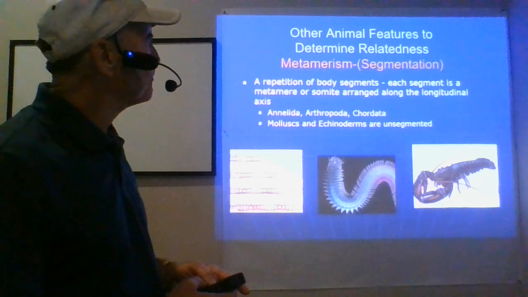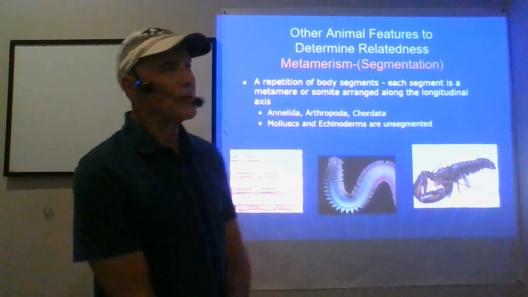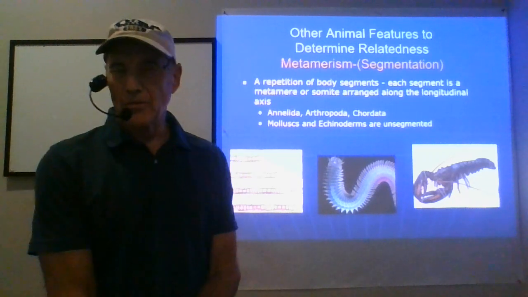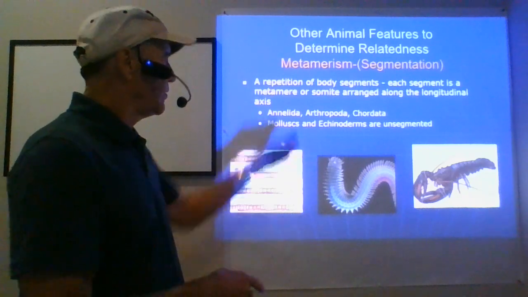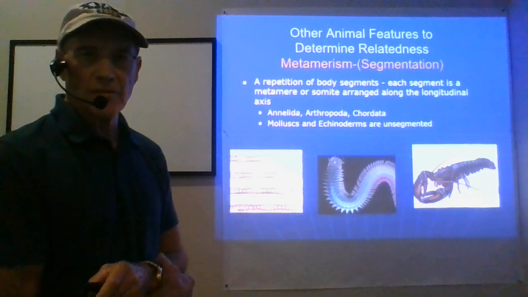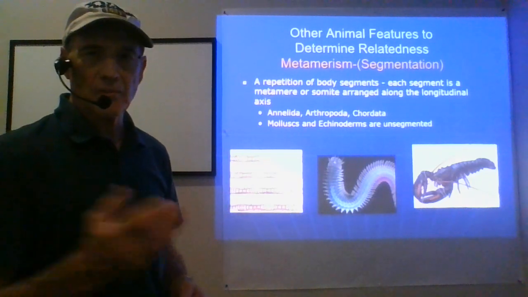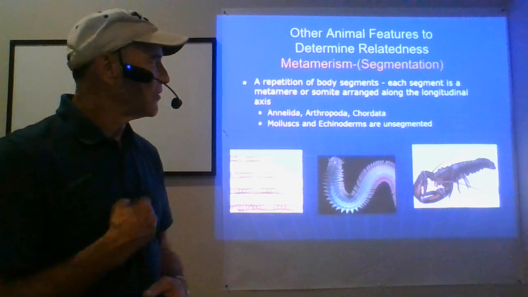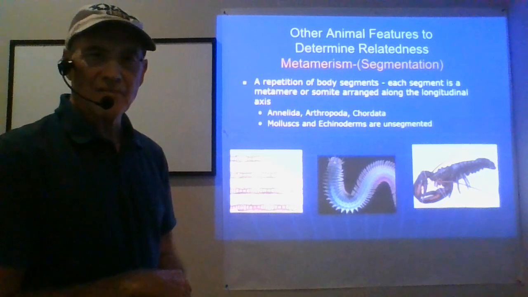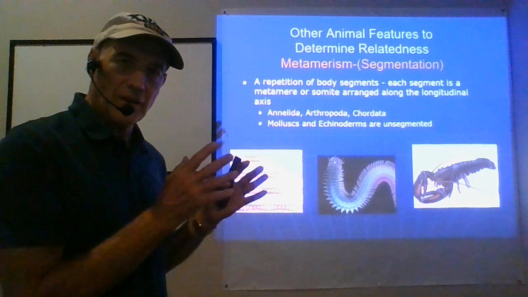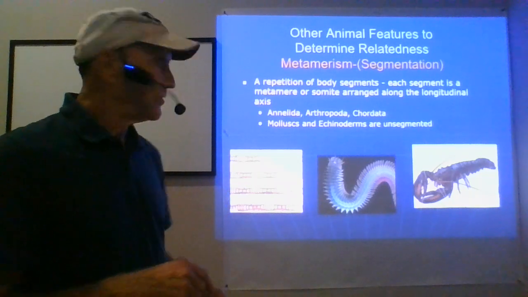Right. Other animal features that they can use to determine relatedness. Here's one, metamerism, better known, or I think easier known as segmentation. So the question is the animal segmented or not?